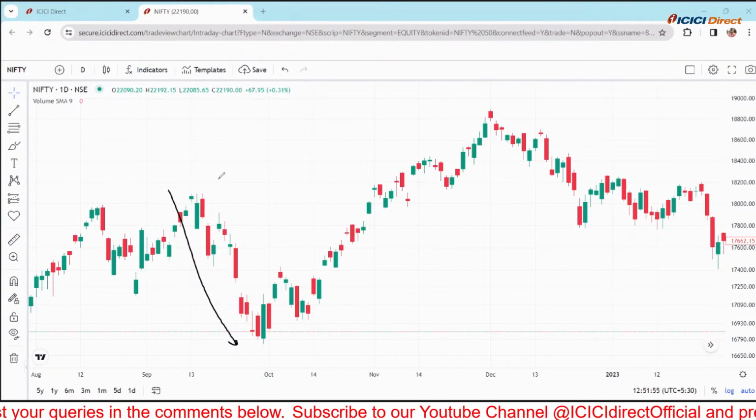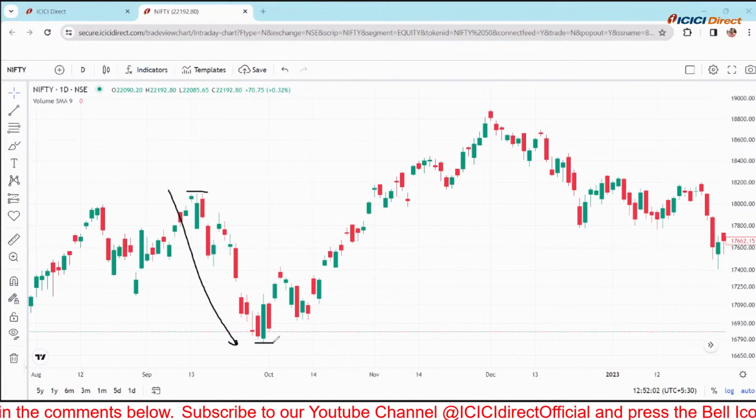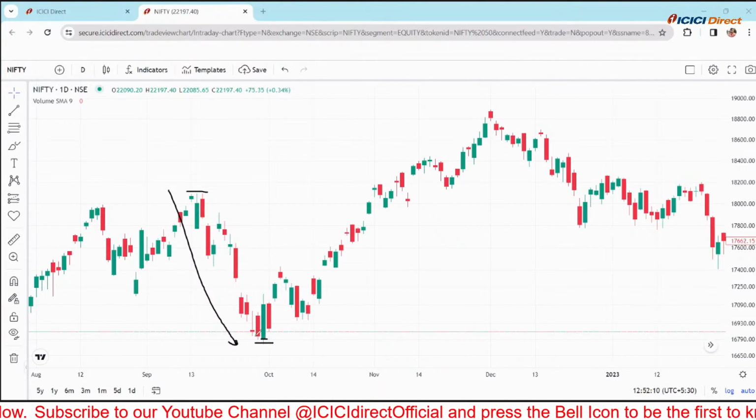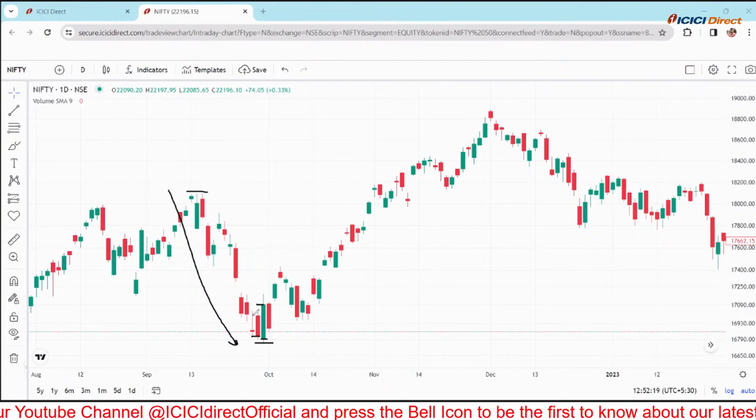This is a downtrend. So this level is somewhere around 17,800, 17,900. This level is somewhere around 16,800. Okay, we saw a downtrend here. Can I say the condition is met here? Because the open of this candle is lower than the close of my previous candle, and the close of this candle is higher than the open of my previous candle.